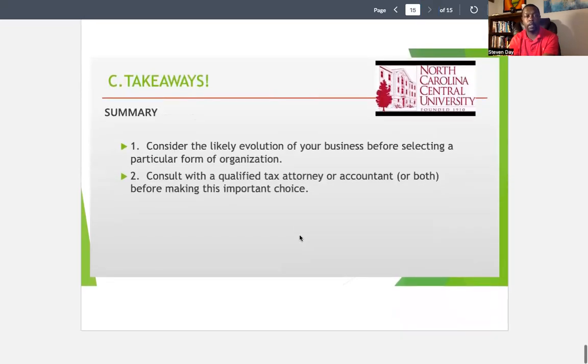The key takeaways this week: one, consider the likely evolution of your business before selecting a particular form of organization. You want to think about, say, 10 to 15 years down the road, or maybe 5 to 10. Think about how your business will evolve, what it will turn into, and what that would look like, and that will inform your decision on what type of formation your business will be.